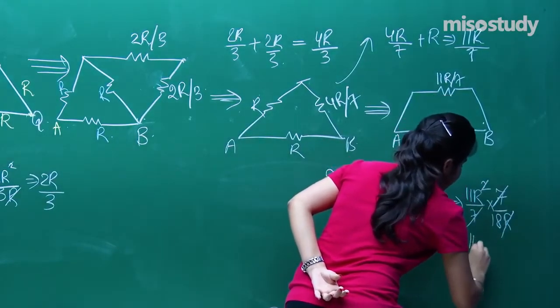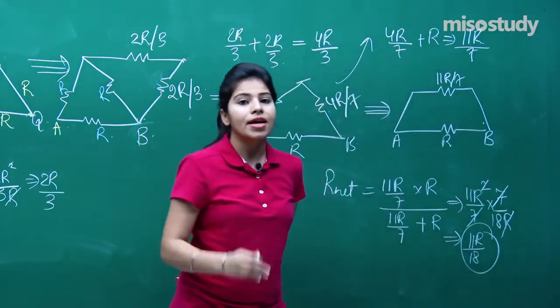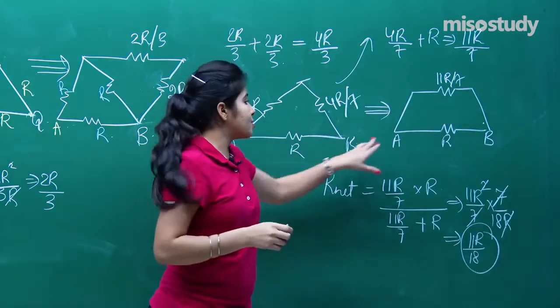So you are left with 11R by 18. This is the net equivalent resistance between any two points, that is A and B.